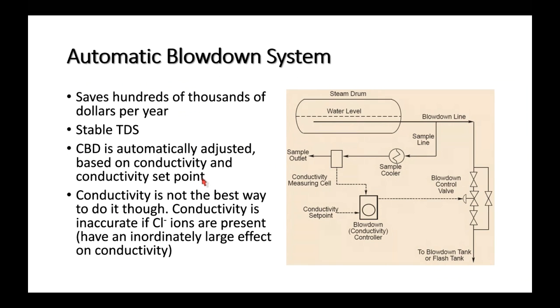So ideally, if there was a way that we could monitor the dissolved solids concentration on a regular basis, and automatically adjust a micro-adjusting control valve to control and maintain the DS of the water constant, we can do that. Then what we have is a very stable TDS, and maybe we could even save more money in the operation of our plant.